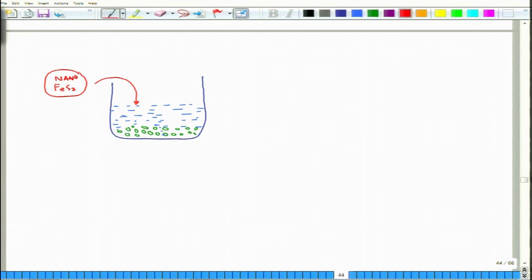Nano FeS2 does not dissolve in water. So what it forms is an aqueous suspension. If you really sonicate it a whole lot, you will see suspensions. Its sizes may even go further smaller, but there will be suspension all over the place.